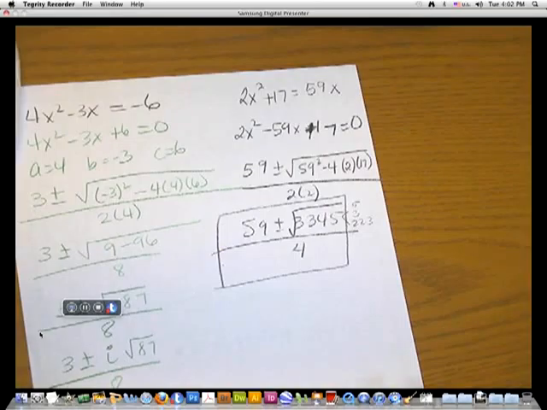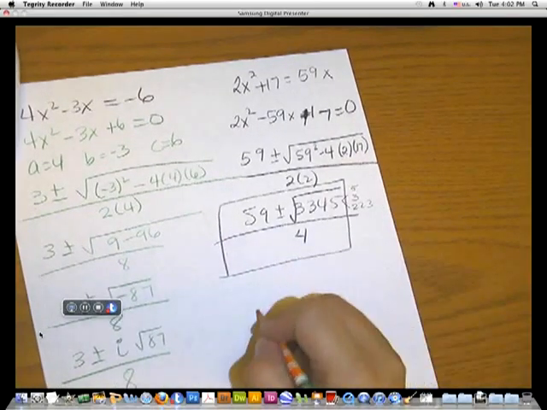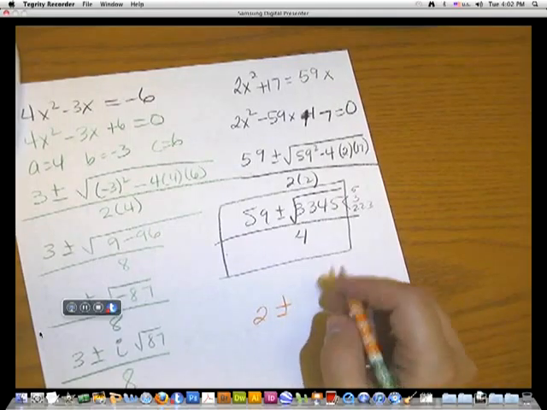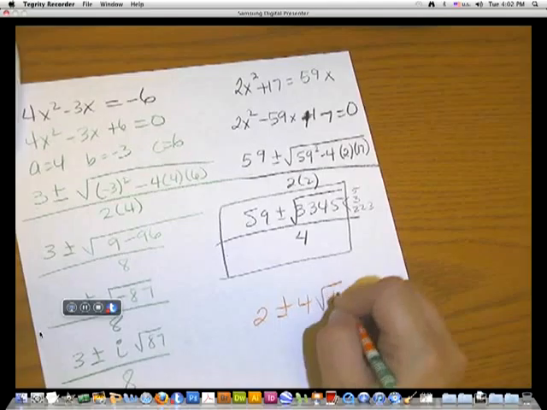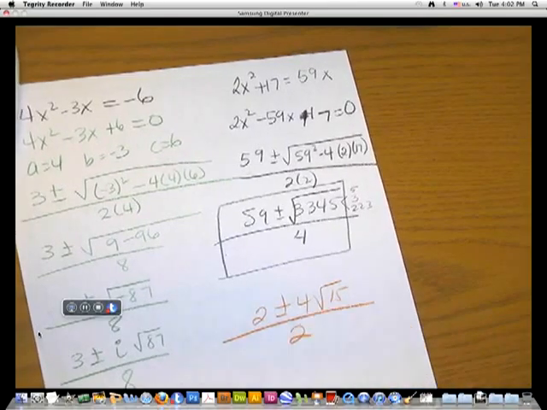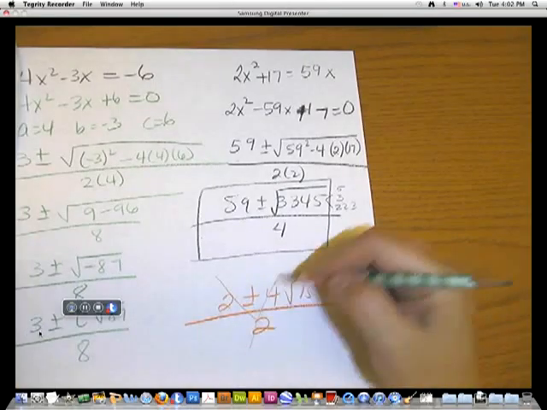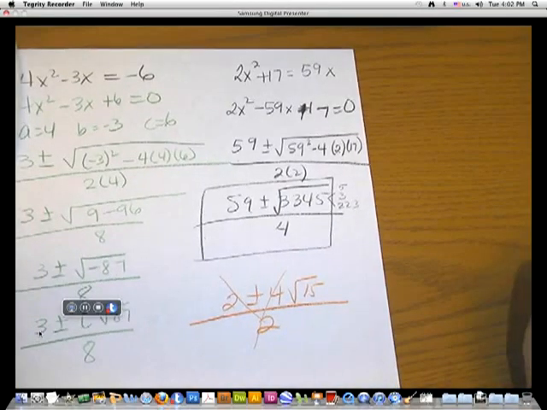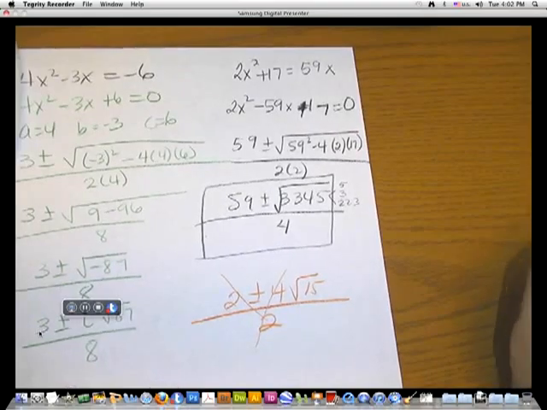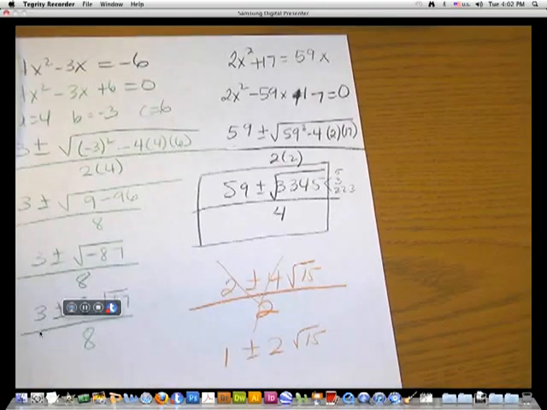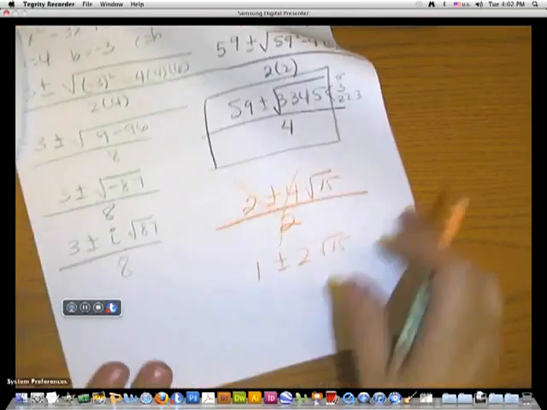One thing I do want to point out, let's say that we get something and we have 2 plus minus 4 root 15 over 2. You would have to reduce this down. If whole numbers can be reduced, they have to be reduced. And it has to be everywhere or nowhere. So in this case, this would be 1 plus minus 2 root 15, because I can divide everything by a 2.